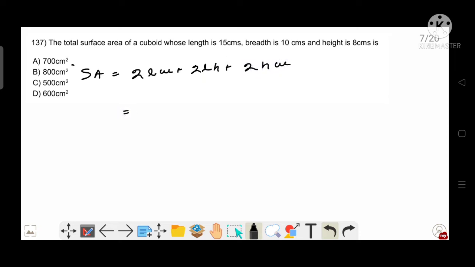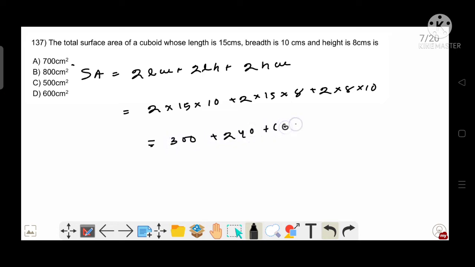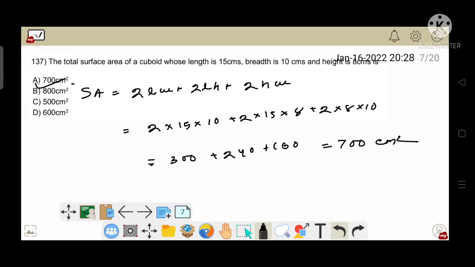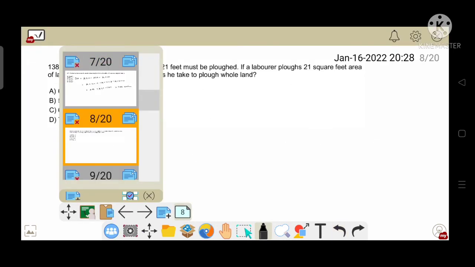Okay, this should be 2 into 15 into 10 plus 2 into 15 into 8 plus 2 into 8 into 10, which is equal to 300 plus 240 plus 160. This is 700 centimeters square, which means A is the answer. Move to second.